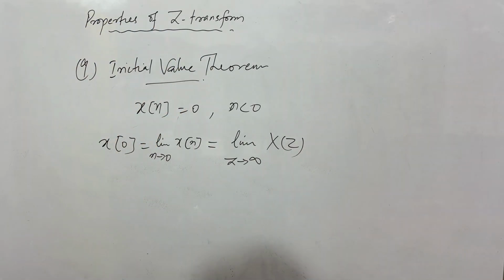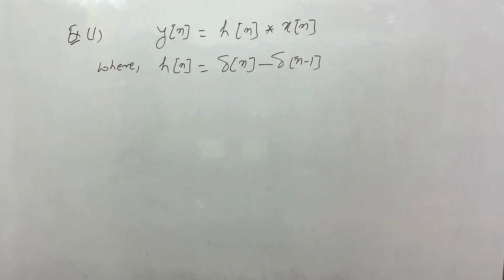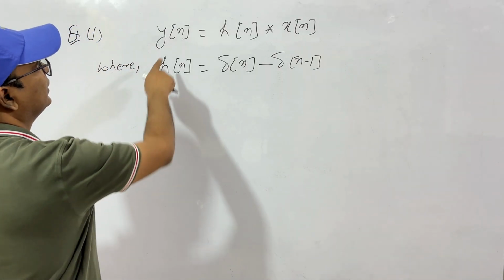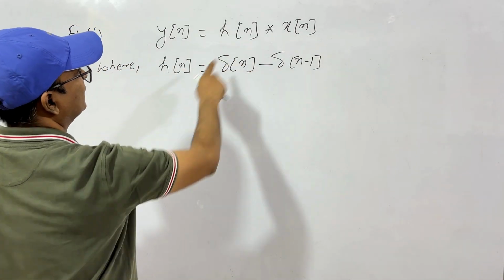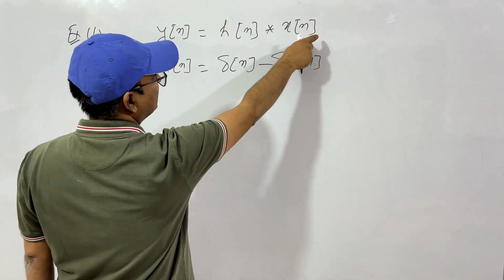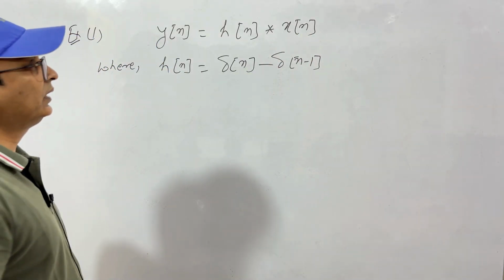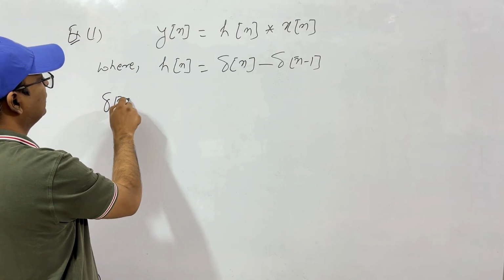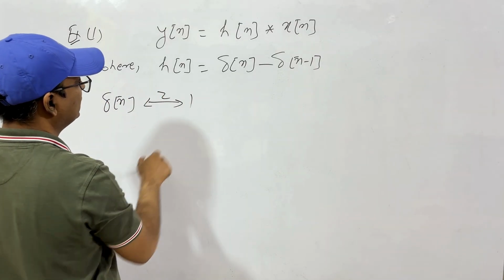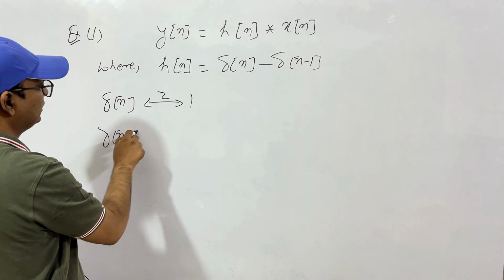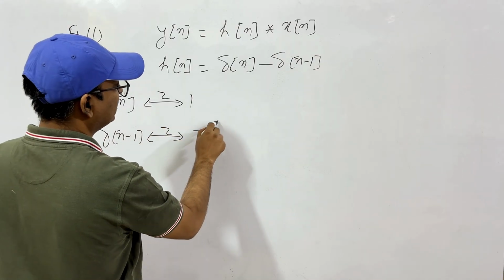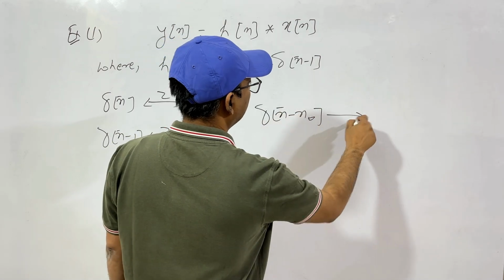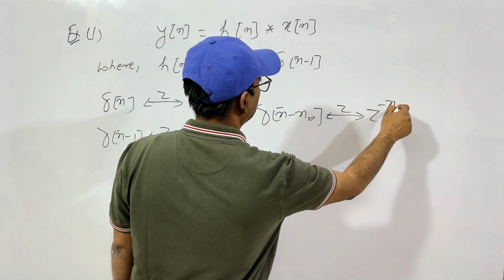So we have seen so many theorems. Let's see some examples. Now let's see a very good example on convolution. We have to find y[n], which is the convolution of this and this. Convolution of this and x[n] is very easy to find using the convolution theorem. Why? You know delta[n] has Z transform pair 1, and delta[n minus 1] is z inverse. Delta[n minus n0] has the transform pair z to the power minus n0.